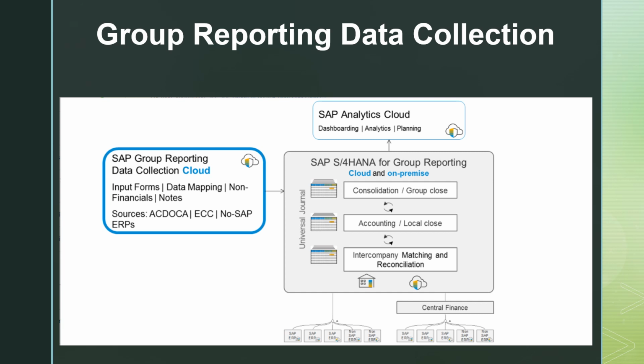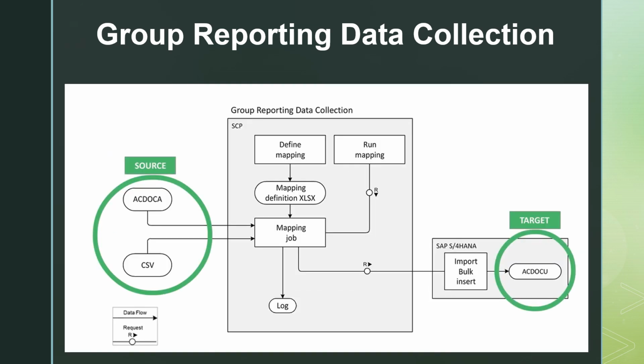GRDC includes two main feature sets. First, manual data collection. Second, data mapping. As you can see in the image, sources include accounting and CSV files from any system. Then, mapping definitions are uploaded from Microsoft Excel, and then the transformed data is loaded into the consolidation table, which is ACDOCU.